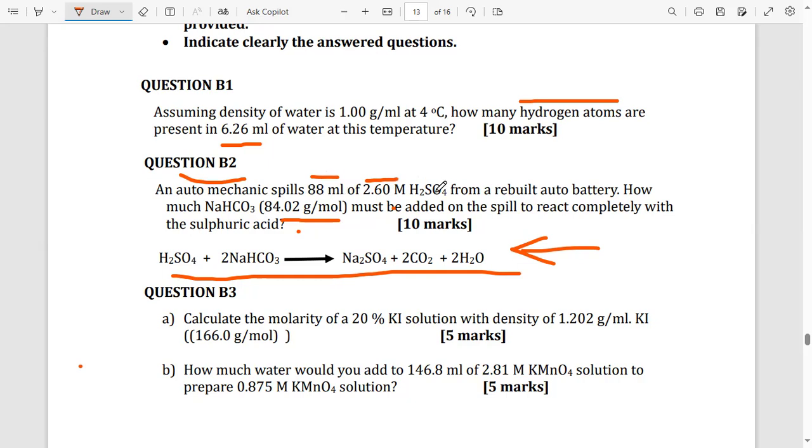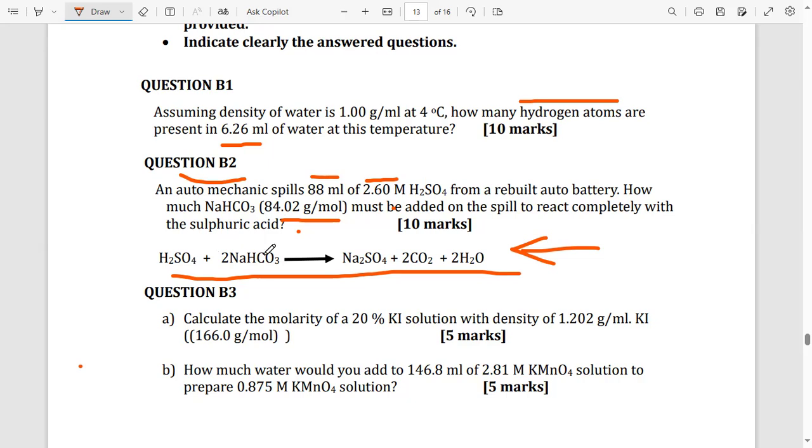And then after finding those moles of sulfuric acid, we're going to get a mole ratio from this equation for the sulfuric acid and the sodium hydrogen carbonate. Then from that mole ratio, we're going to come up with the moles of these. And then since we have the moles of these, we are going to use this molar mass here to find the mass of this guy here. And then we'll be done like that.